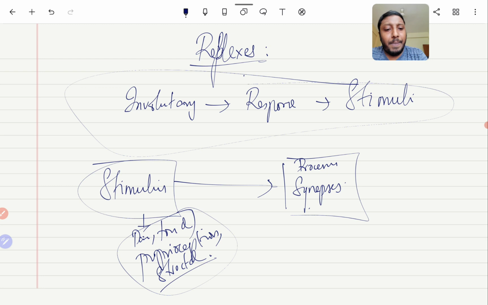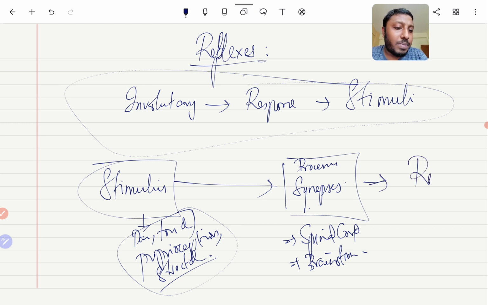There are even synapses that occur very near the organ, like in the GIT. It doesn't even have to go to the spinal cord. So there is some processing happening via synapses, maybe in the spinal cord, maybe in the brainstem area, pons, medulla, all those things. And then out comes a response.